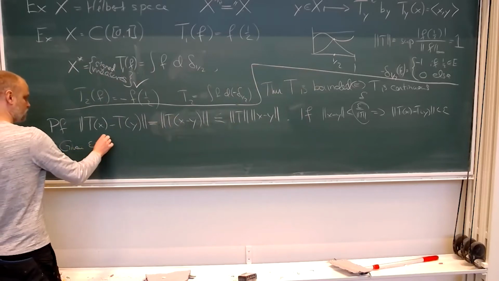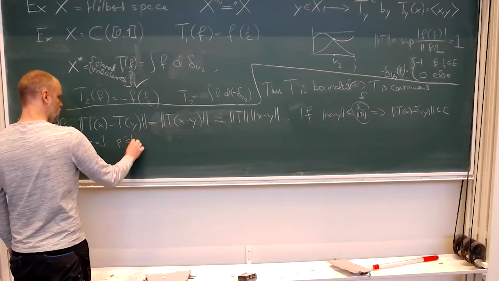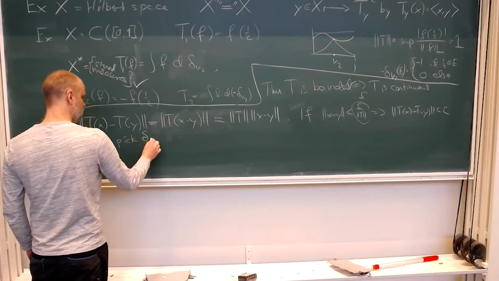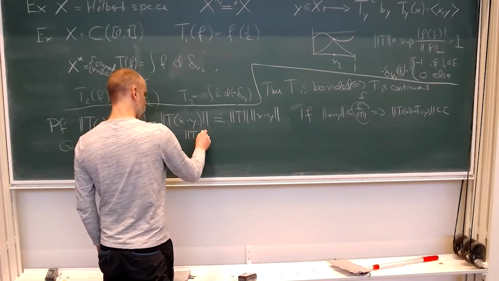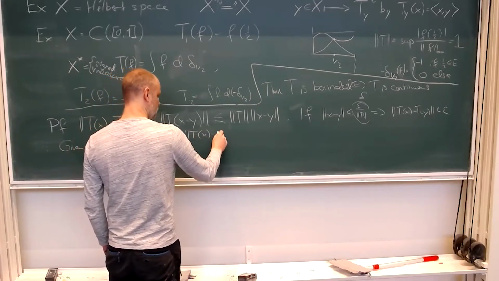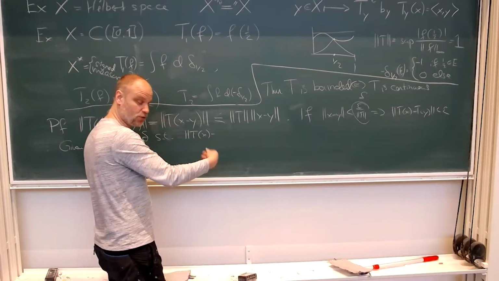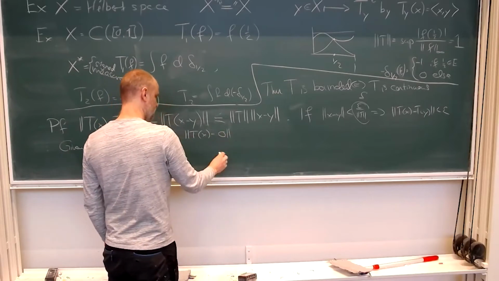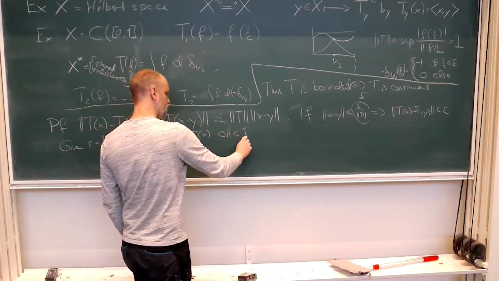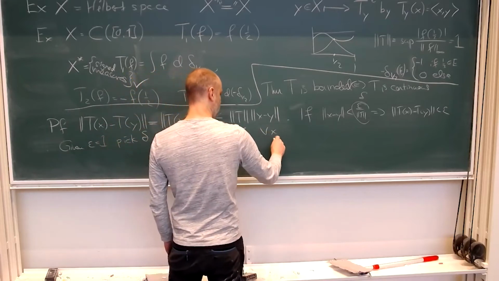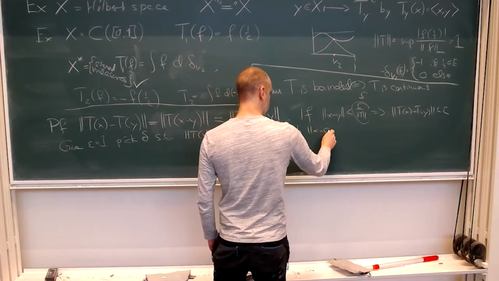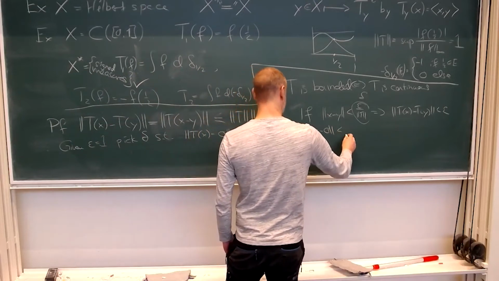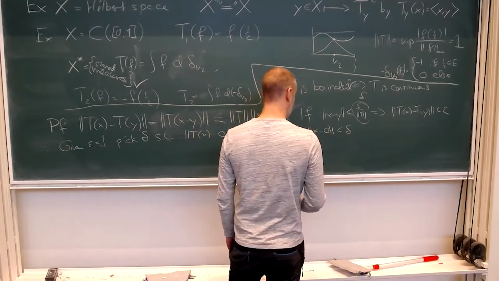Given epsilon equals 1, pick delta such that the norm of T of x minus T of 0, which is equal to 0 by linearity, so I just write the norm of T of x, is less than 1 for all x with x minus 0 having norm less than delta.